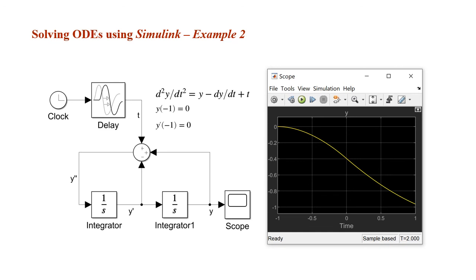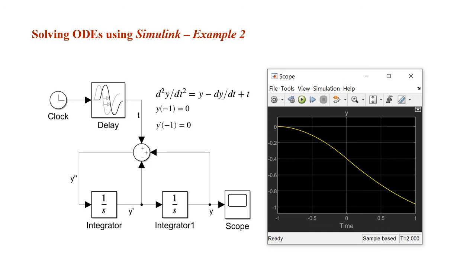And then again, you can set the initial conditions by double-clicking the integrator blocks. To make things easier, I've labeled each of the signals in my Simulink model, such that this signal here is y double prime, this is y prime, and the output of my final integrator is y, which is the solution.